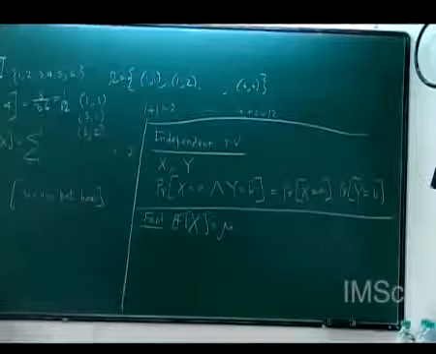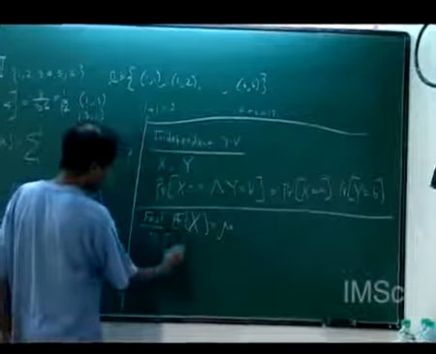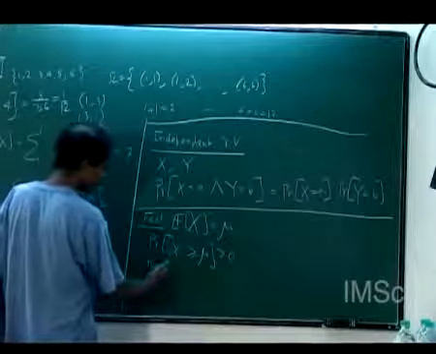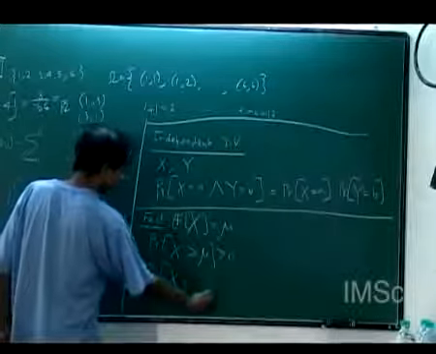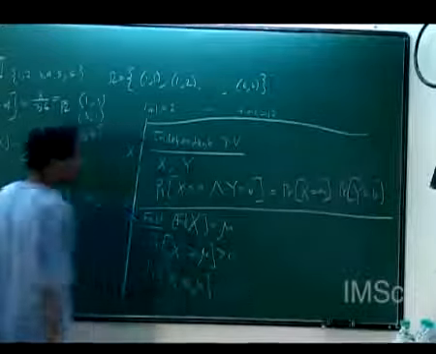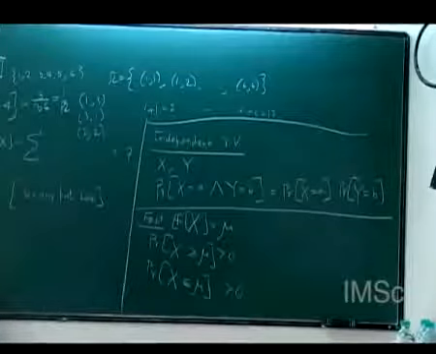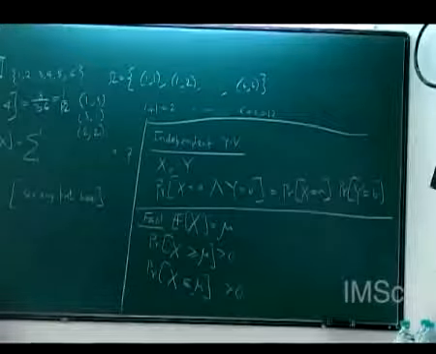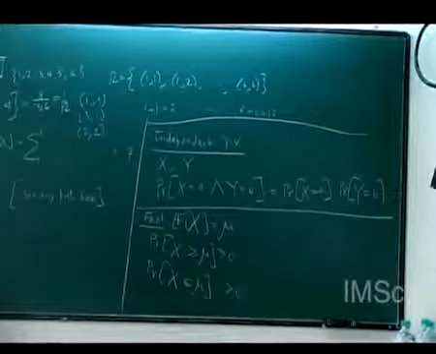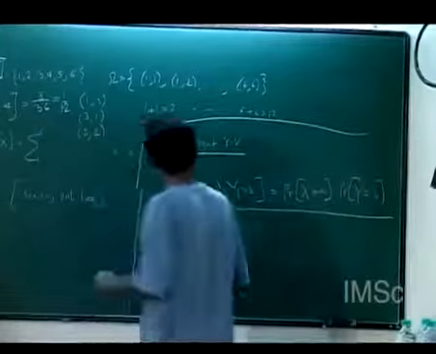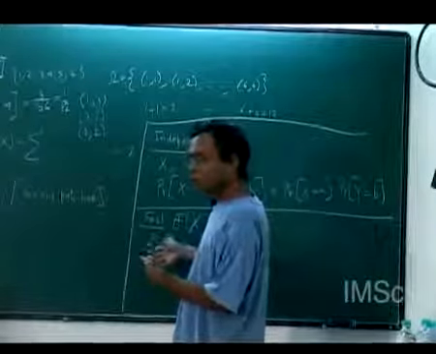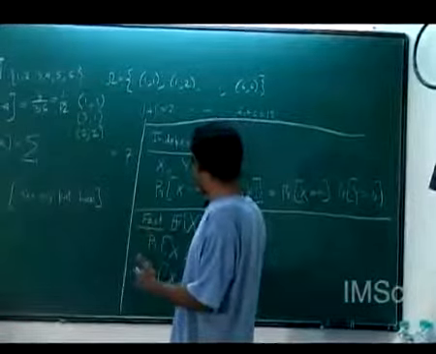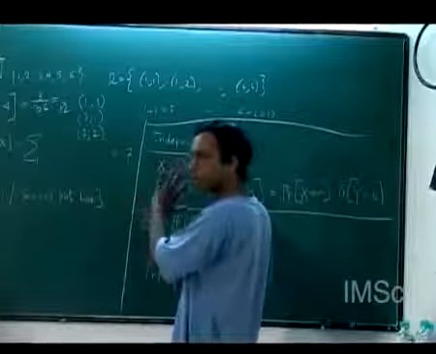Then verify the following fact: it just tells you that it cannot be the case that all the possibilities lie below mu, because then the expectation cannot touch mu, and it cannot be the case that all the possibilities are above mu, because then the expectation will be more than mu.